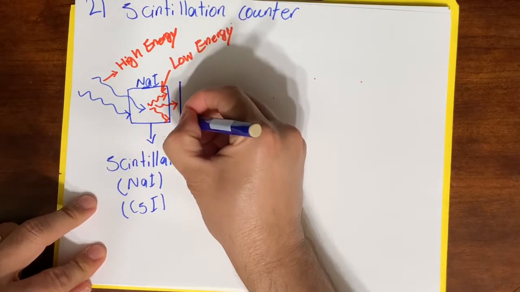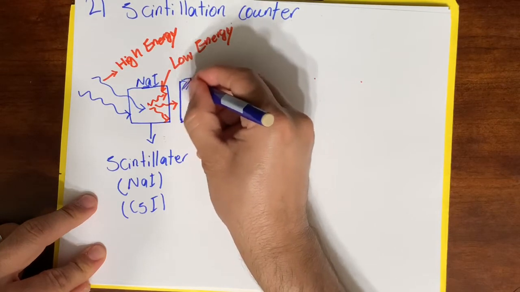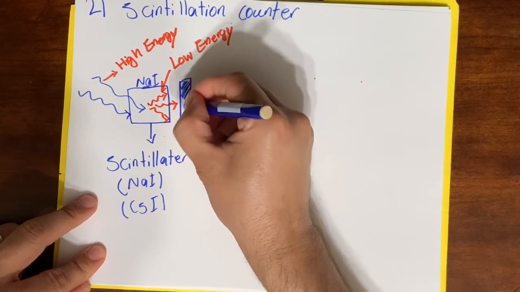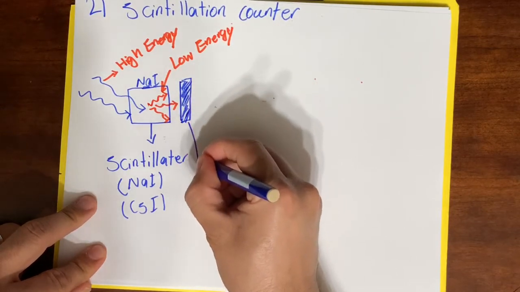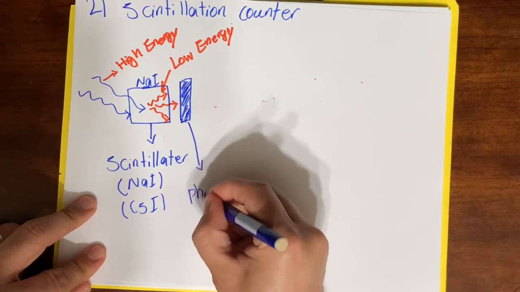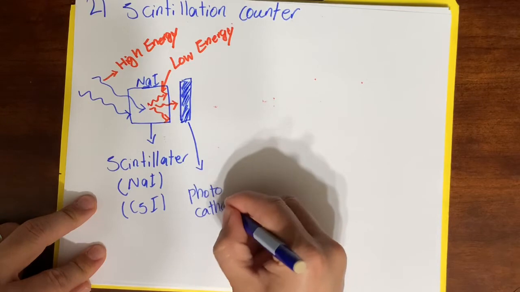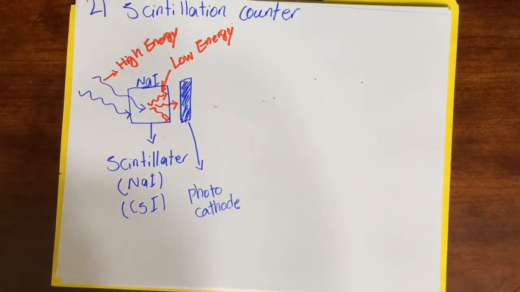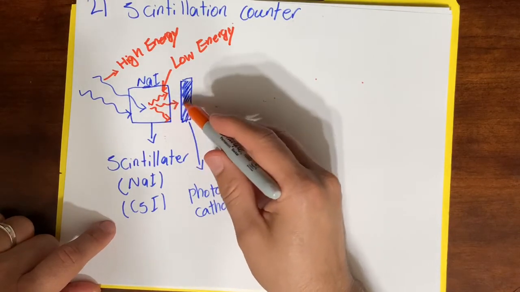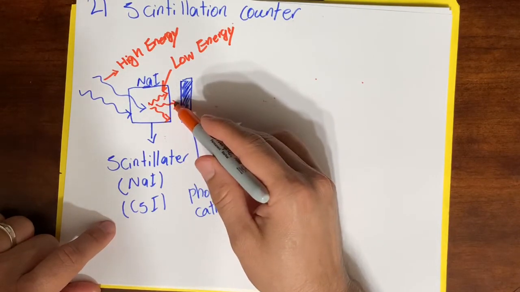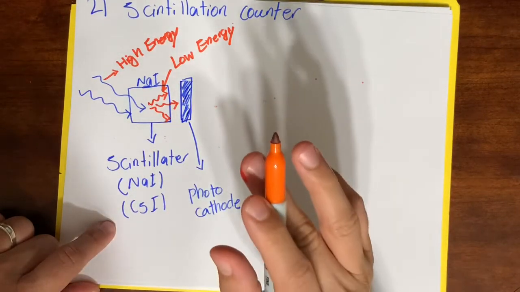Right after this, we will put something that we call the photocathode. The photocathode will get this wavelength or whatever is coming to it, and it will eject one electron.